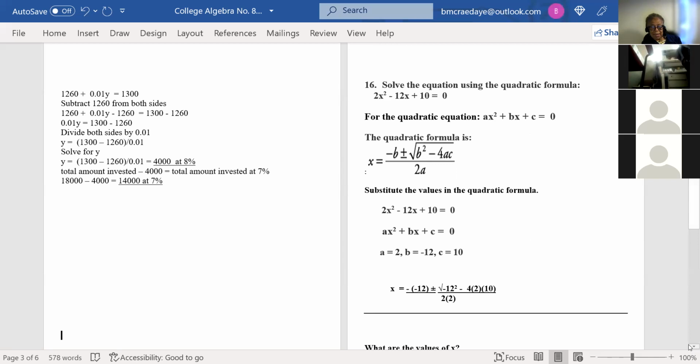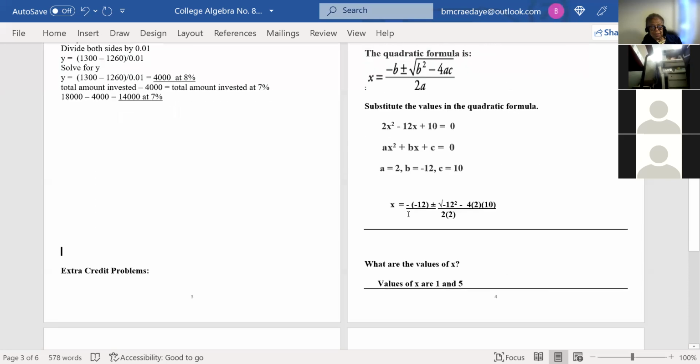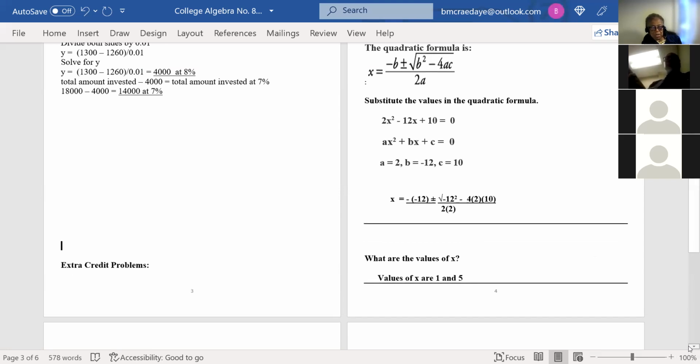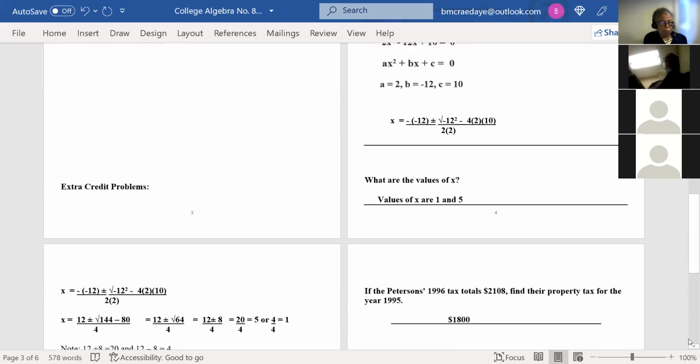Now, the second step is to solve for the values of X. That means you take this equation and solve for X. All right. And quadratics always have two values because you have a plus and you get an amount, and then you have a minus and you get an amount.